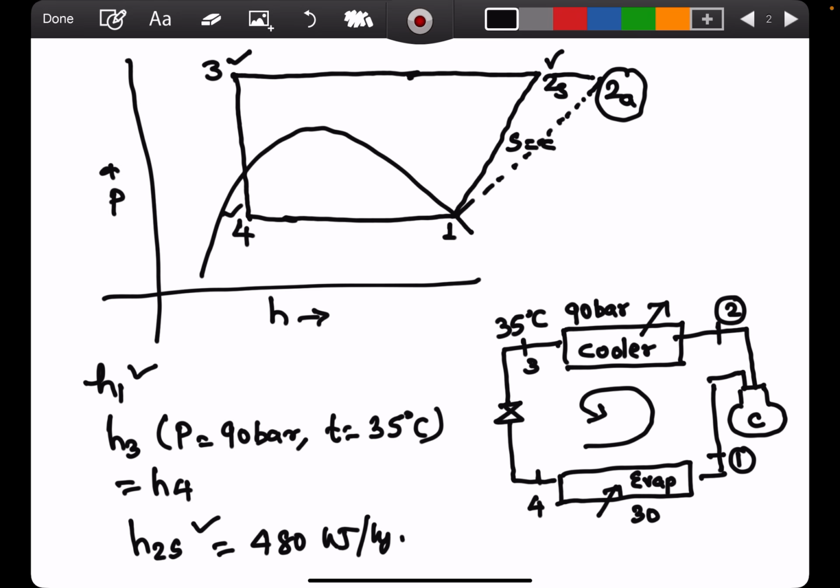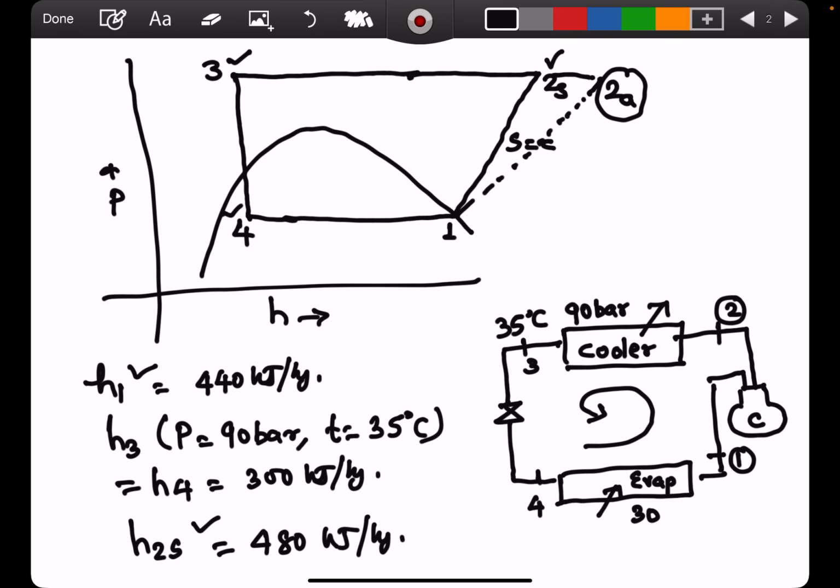H1 I have got about 440 kilojoule per kg, and H3 I have got about 300 kilojoule per kg. Right? So H2S is obtained by drawing an isentropic.